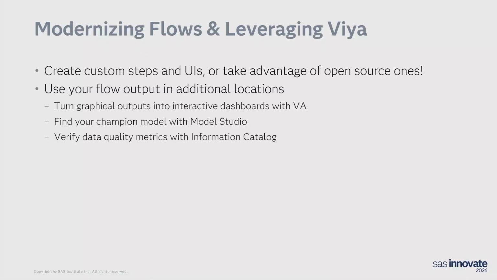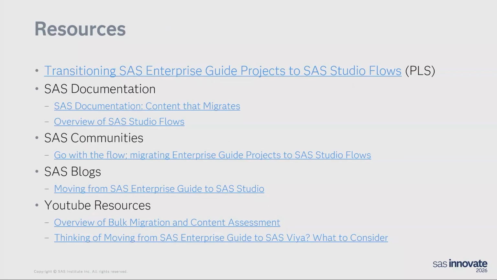So, as I said, there are a lot of resources out there. These are being continually updated with the various updates from R&D. These links should be active on the PDF that's available. But if you are a SAS admin who's looking at doing a large-scale transition, the YouTube resource of overview of bulk migration and content assessment goes through some of the opportunities there of doing a full content assessment of all Enterprise Guide projects within your organization.